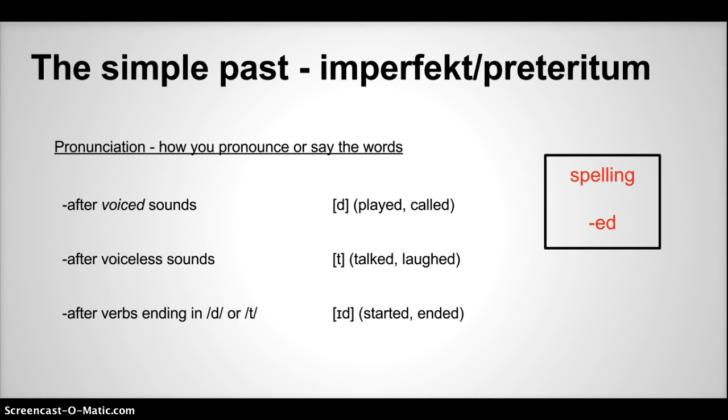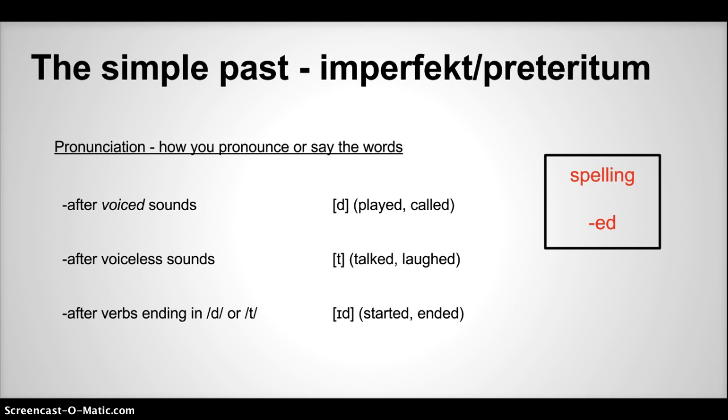So if you now know that you can pronounce this ending in 3 different ways, as in played, called, with a D sound, talked, laughed, with a T sound, and started, ended, with an id, then you know that no matter how you pronounce it, you still spell it ed. You see that all these forms still are spelled ed. That's the important lesson from this part.